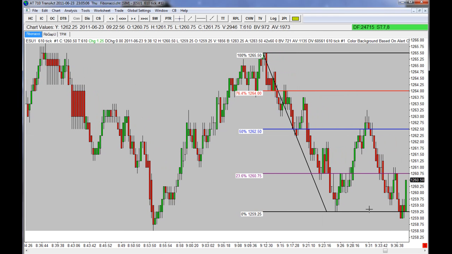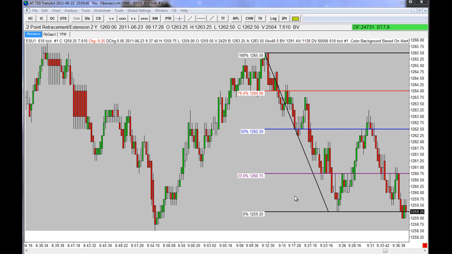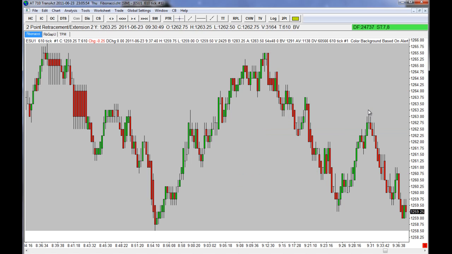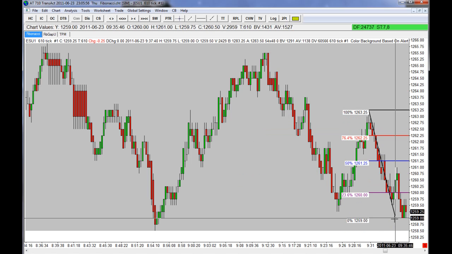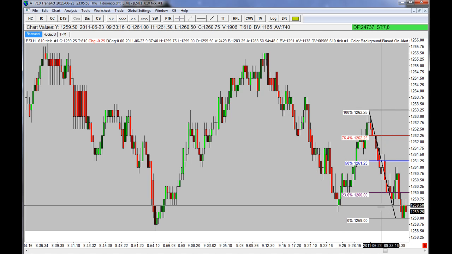Okay, then price went down through the 0% level. So at this point I drew a new fib from this pivot high to this new low, because as you can see it matches the criteria for the first rule.